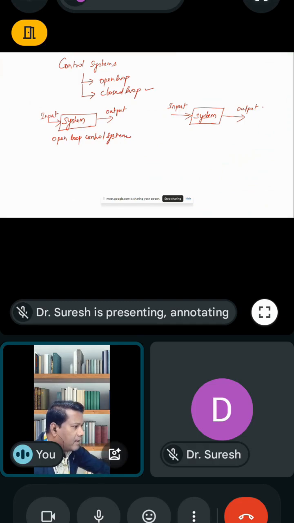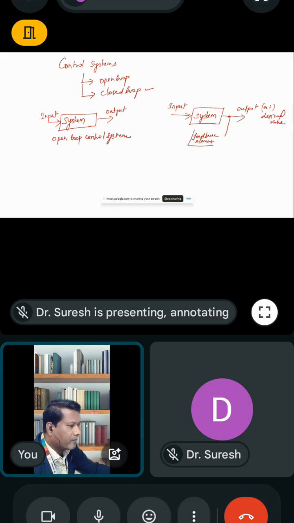To maintain the output at the desired value, measure the output using a feedback element and compare with the input.